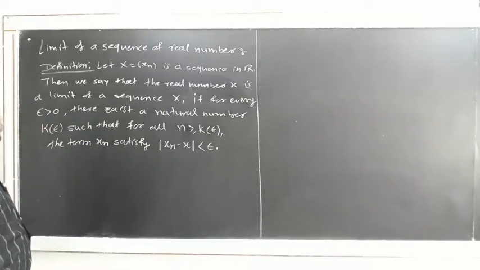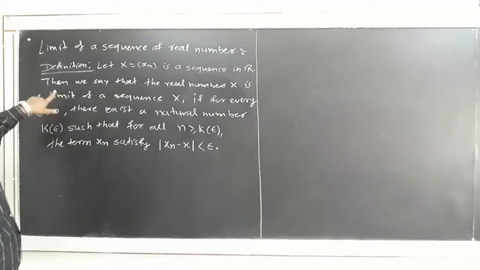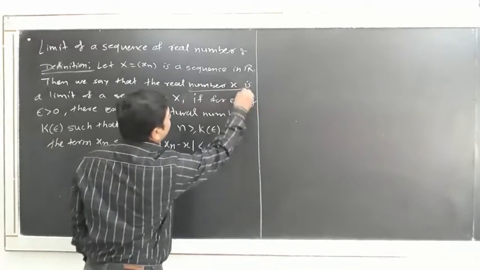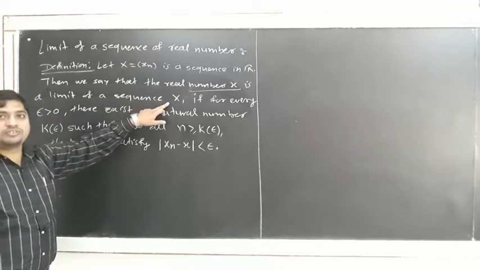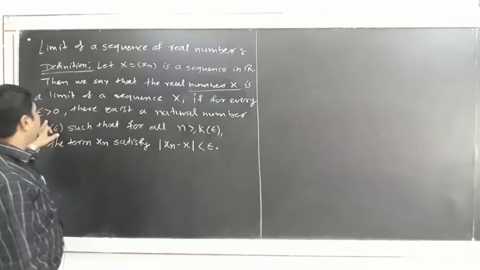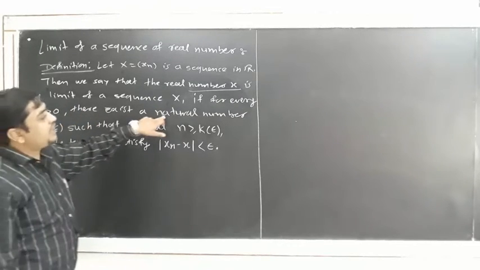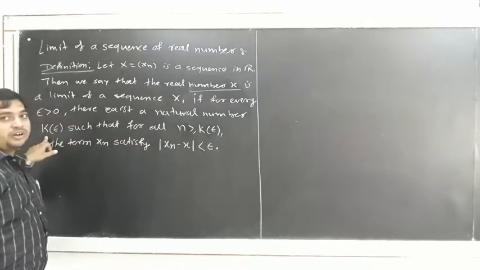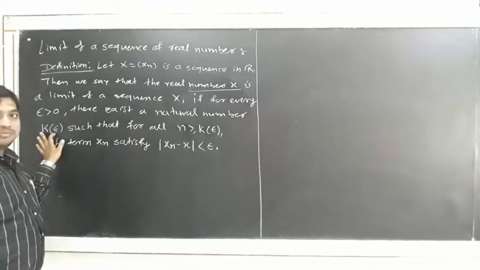Okay. So what is the definition? First we take a sequence in the real numbers. Then we say that the real number x is a limit of the sequence X if for every epsilon greater than 0 there exists a natural number K(epsilon). K(epsilon) means that K depends on epsilon.